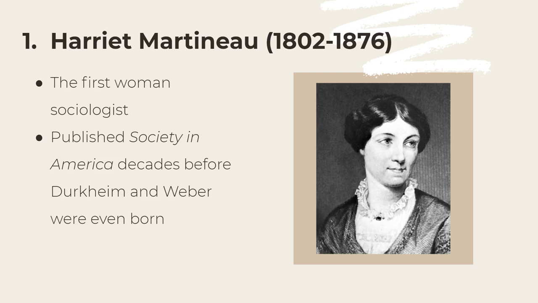So as you can see, she is a pioneer in her own right as a sociologist in so many ways. But she was not very recognized for her contribution in sociology at all. In fact, she is simply known as someone who translated Comte's ideas into English, which was important, but it's also important for us to emphasize and recognize her other contributions as well.